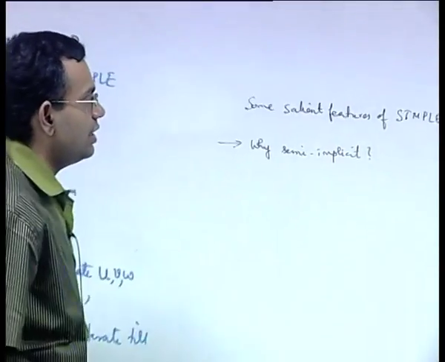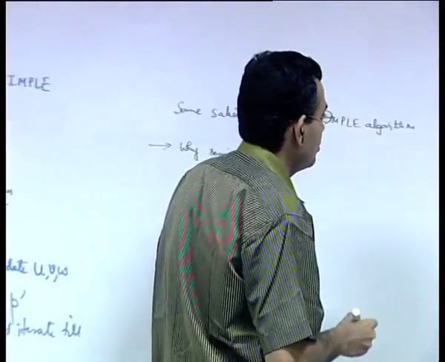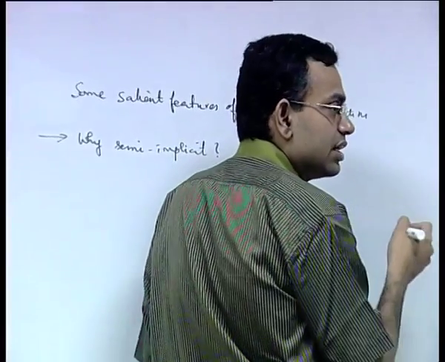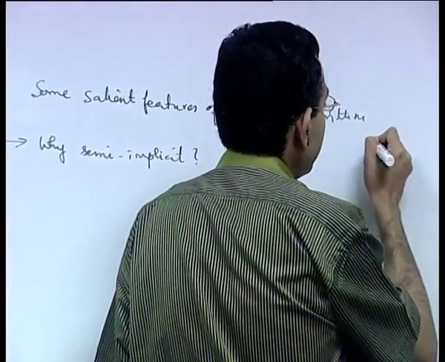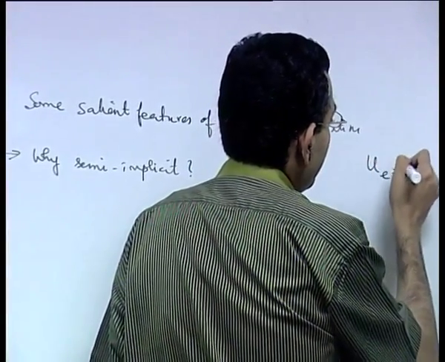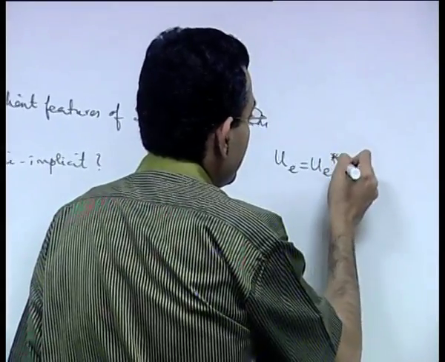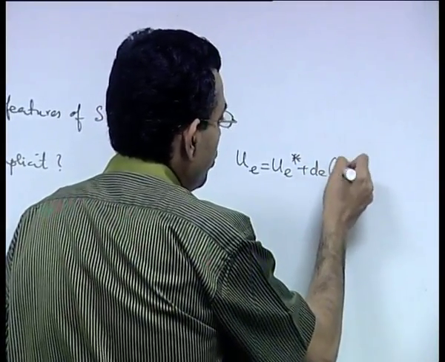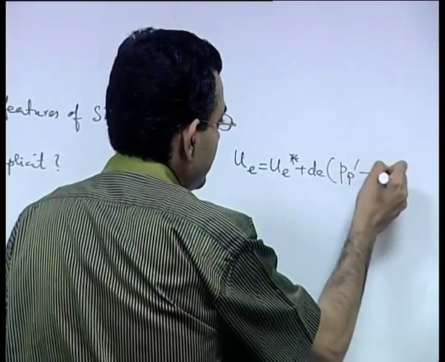So remember that the key formula in the SIMPLE algorithm is the velocity correction and the pressure correction formula. So for example, the velocity correction ue equal to ue star plus dE into (pP dash minus pE dash).